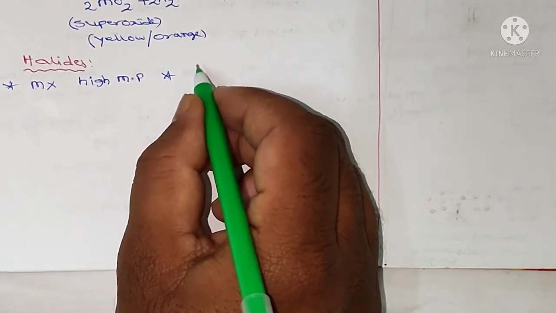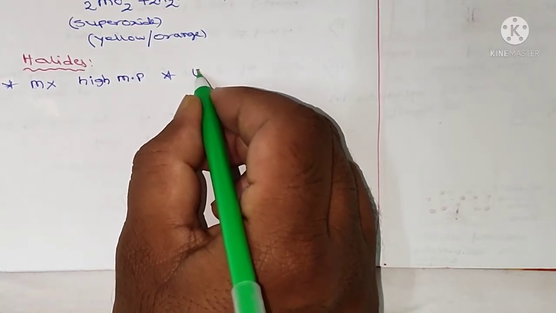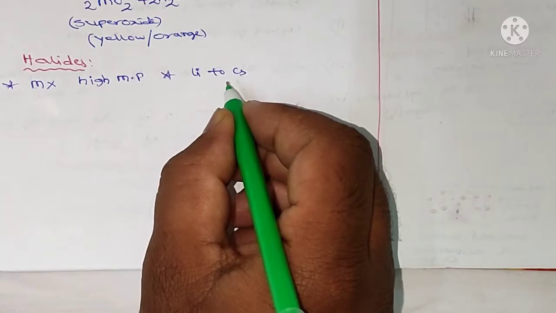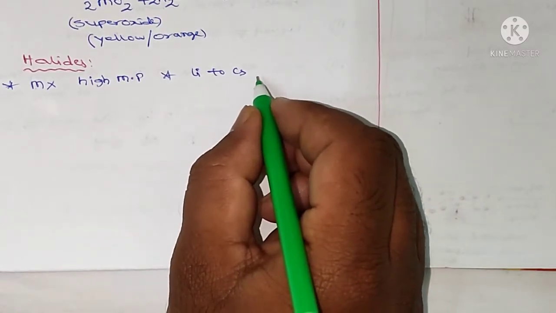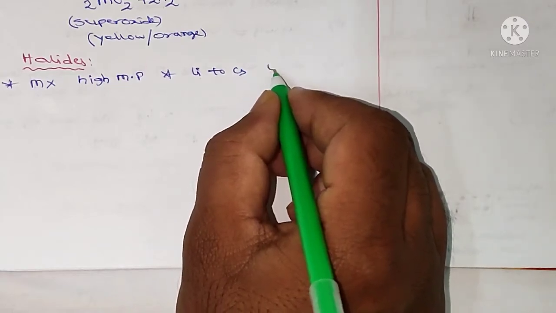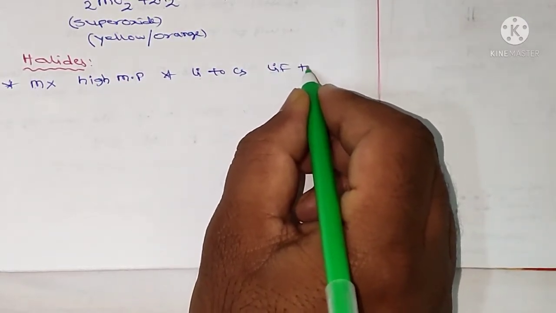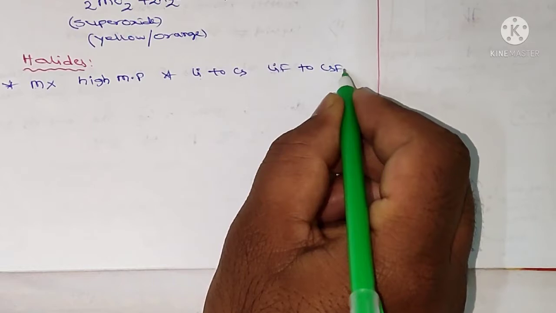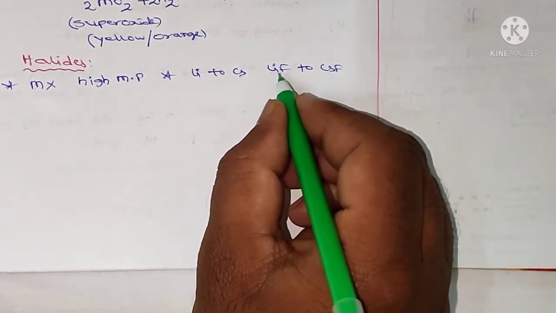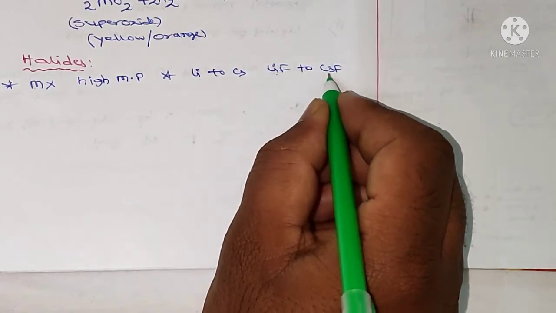Going from lithium to cesium, the enthalpy of formation values decrease from lithium fluoride to cesium fluoride.